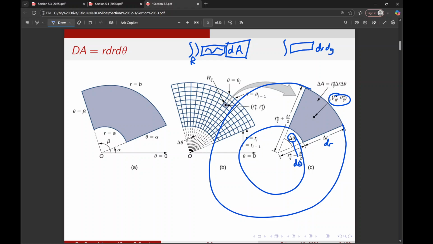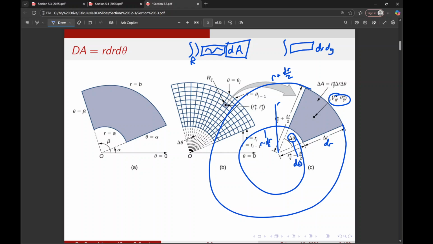What I would do with my students is ask, what is the area of this big circle? If this is r, and this distance is dr, then the radius of the big circle would be r plus dr over 2, and the radius of the smaller circle would be r minus dr over 2.